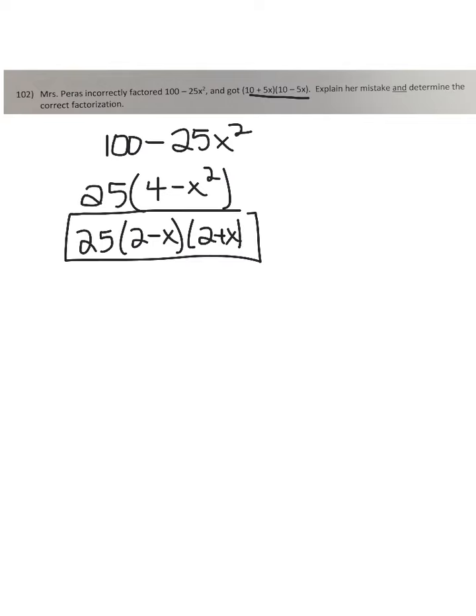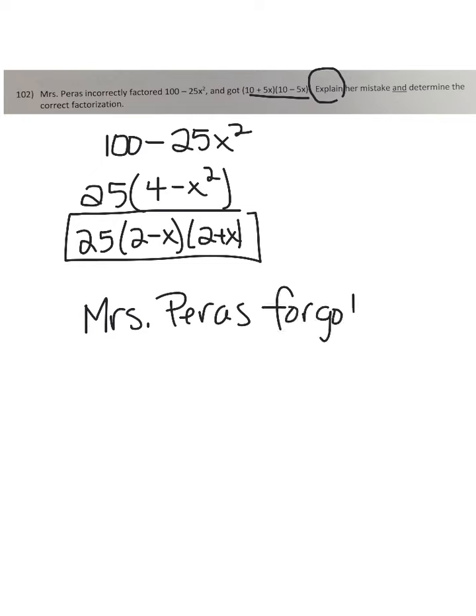Now, it says to explain her mistake. Remember, explain means you always have to write a sentence. Okay, you have to explain in words. So what did she not do? So Mrs. Paris, shame on Mrs. Paris, she forgot to factor out the GCF, right?